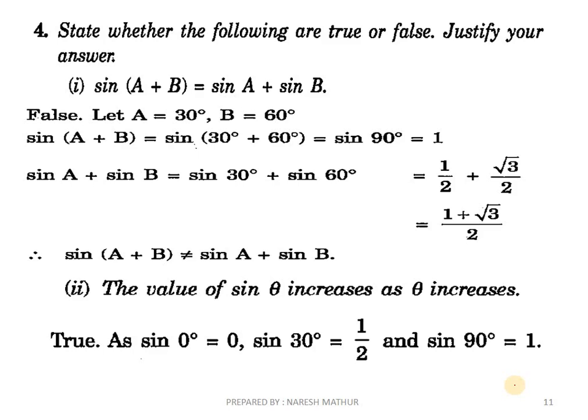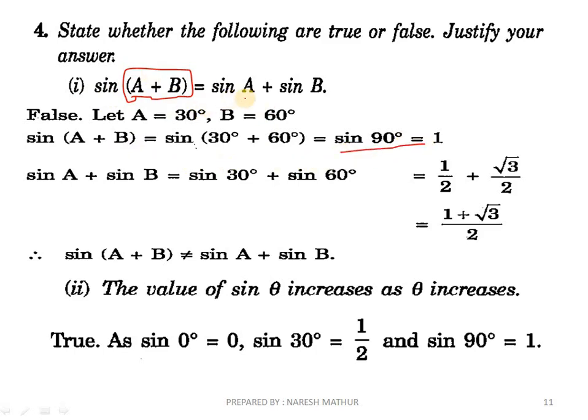Now we need to just state whether the statements are true or false. Sin (A plus B) equals to sin A plus sin B. Now this is trigonometry, this is not algebra, so this statement is false. We can check it by simply taking the values. Let's say A equals to 30 degree and B equals to 60 degree. So sin (A plus B), here A plus B is working as an angle for this sine. 30 plus 60 will be 90, so sin 90 is 1.